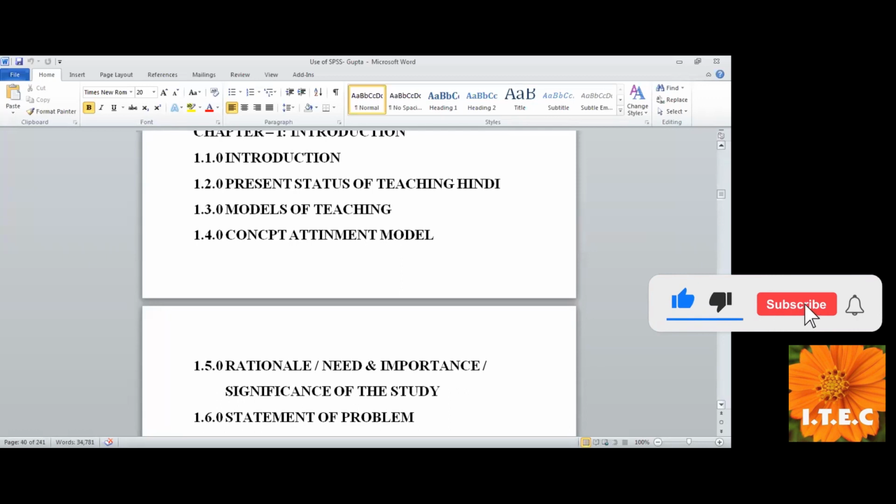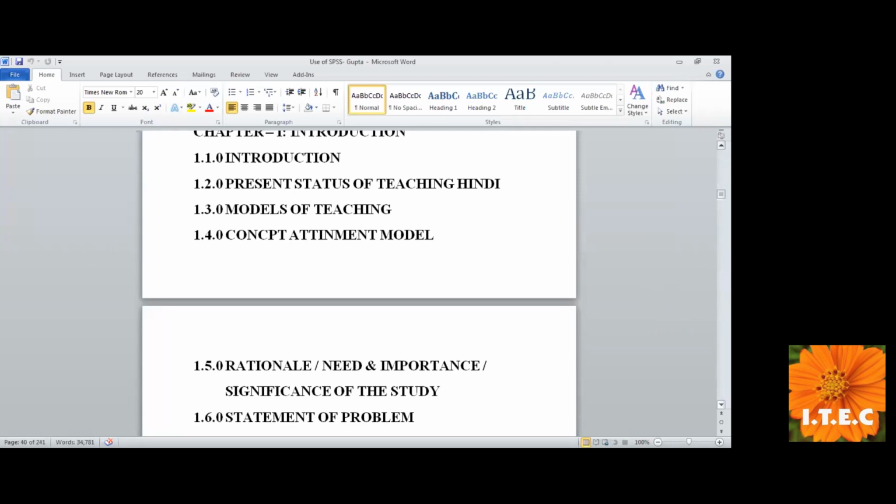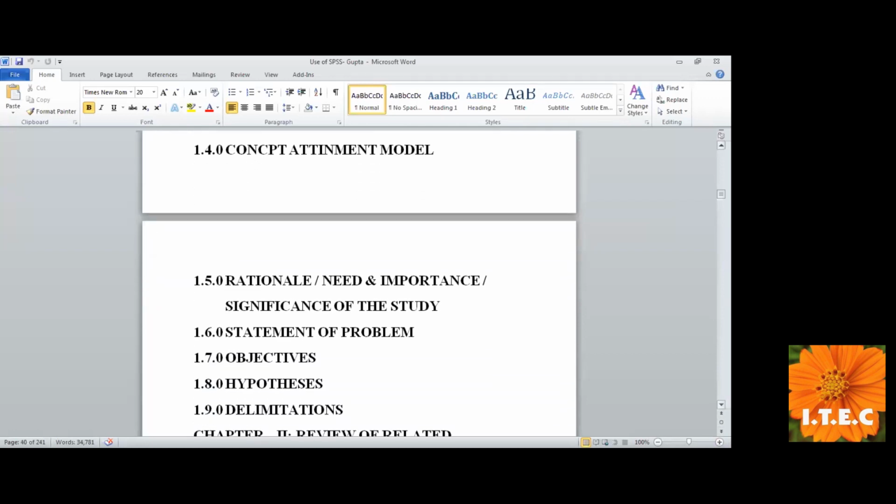So therefore, 1.1 will be as it is, 1.2, 1.3, 1.4 you can decide. And after that, it's the rationale. You should not write both rationale as a heading and significance of the study as a heading. Only one will be enough because the meaning will be the same. Next will be the statement of the problem, then objectives, hypothesis, and delimitations.